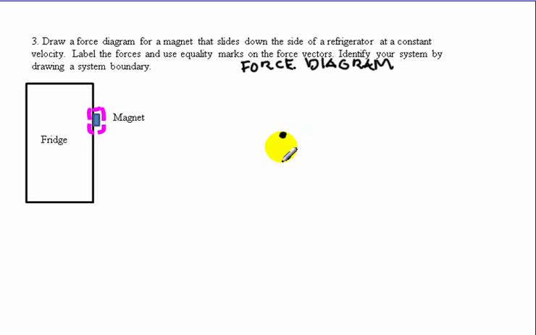That is not a complete rule right now, but it's good enough for the time being. So if the problem says that this magnet is sliding down the side of the refrigerator, so the motion is going to be in that direction, we want one of our axes to be along the refrigerator there, and then the other axis has to be perpendicular to that.